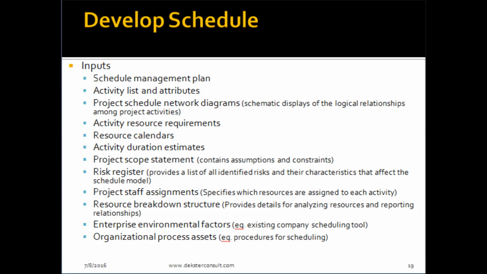Our activity resource requirements, our resource calendars, activity duration estimates, project scope statement, our risk register, our project staff assignments that specifies which resources are assigned to each activity. We could make use of resource breakdown structure. Then our enterprise environmental factors, as well as organizational process assets.